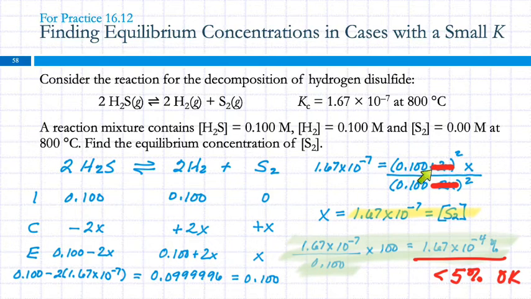But if x is 10 to the minus 15, and I add it onto 0.1, my calculator can't even show that to me because the difference is more than 9 digits apart. So if you find that x isn't less than 5%, does that mean you can't cancel? That's right, you would have to go back. If you do this and find that x is more than 5%, then you have to solve it the full way.